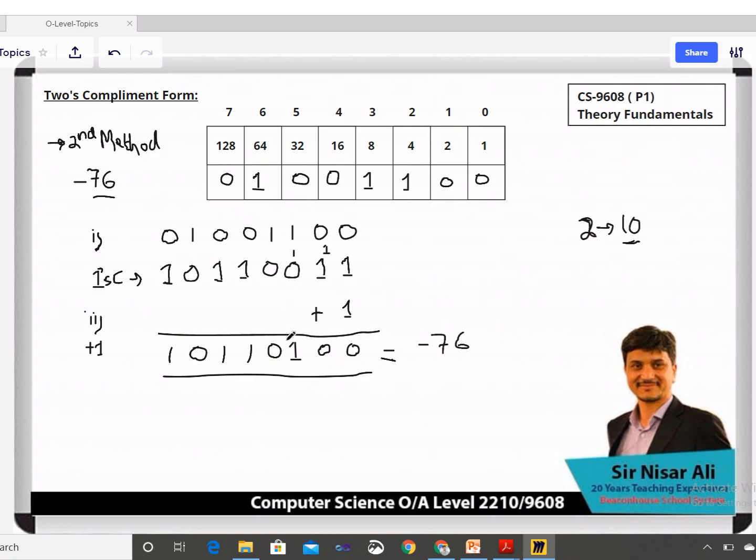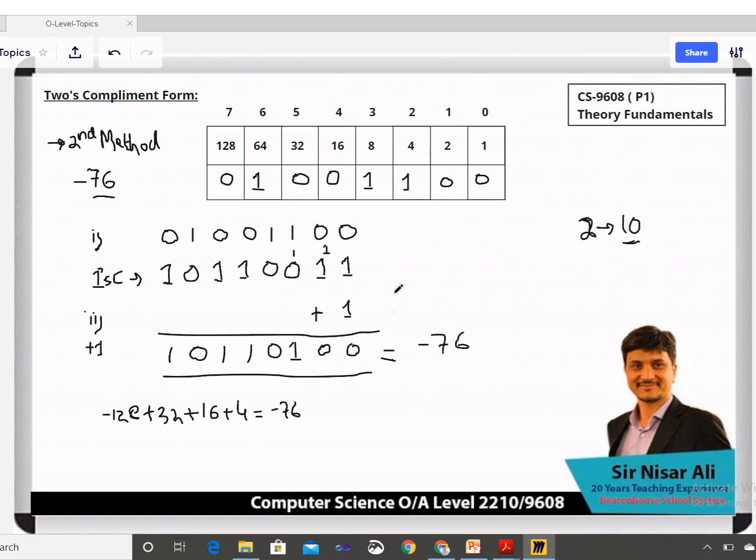Now if we want to check it with the first method, you will come to know that the output is correct. So we have minus 128, plus 32, and then plus 16, and then plus 4. So it will give us minus 76 as well.